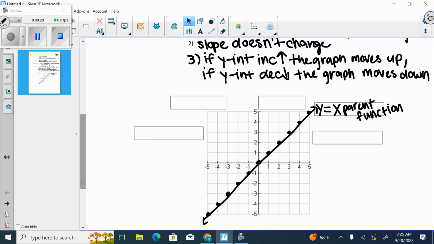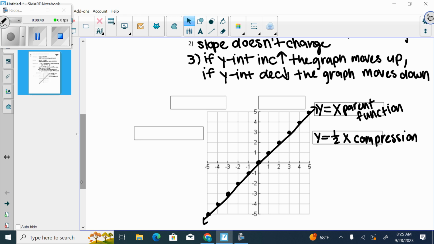So we'll use one of the examples you gave, like that 0.5. Y equals 0.5 or 1/2 x. We typically like to see our slope written as a fraction versus a decimal. And this is going to show compression.